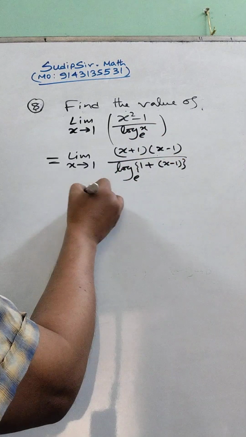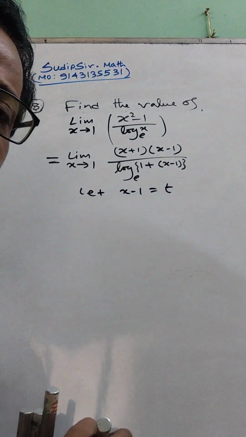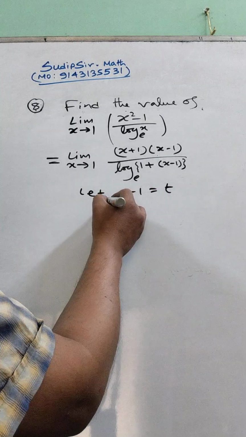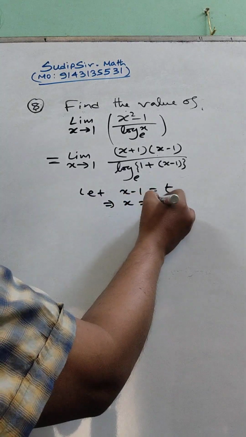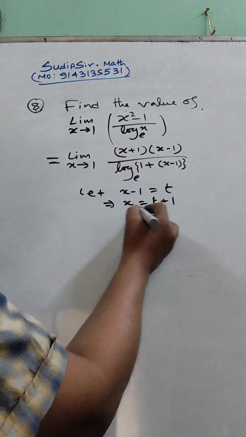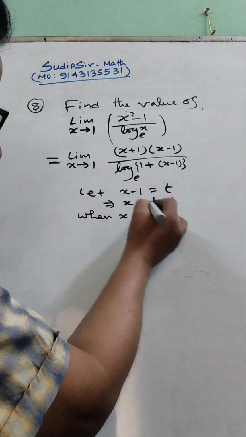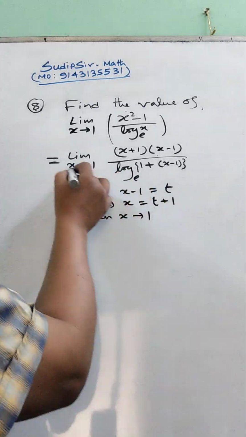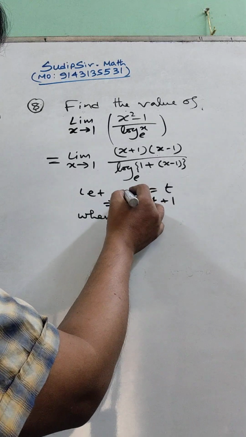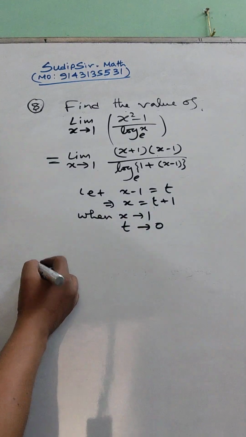Now let x minus 1 equal to t, that is x equal to t plus 1. Also, when x tends to 1, t tends to 0.